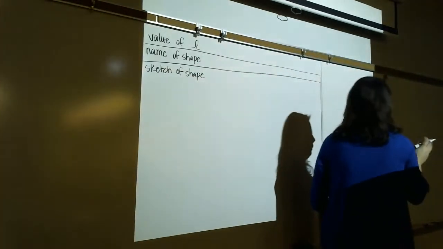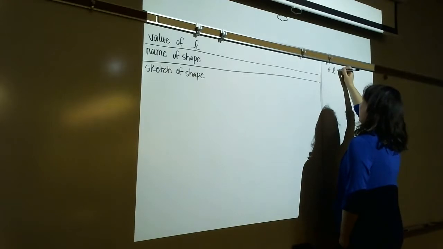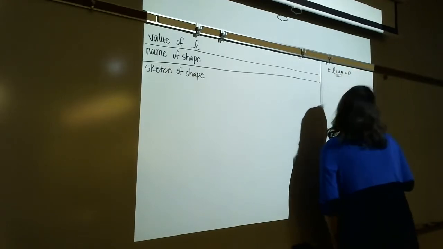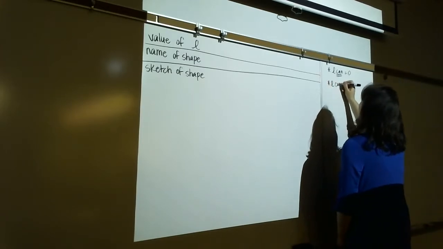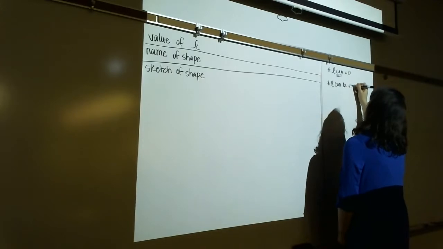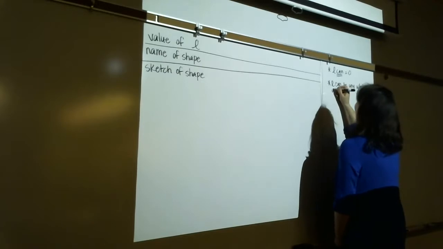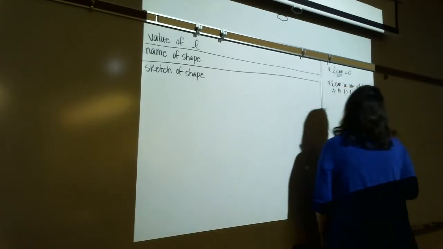Okay, before we get started though, L, make a note to yourself. L can equal 0, okay? L can be any whole number up to n minus 1.